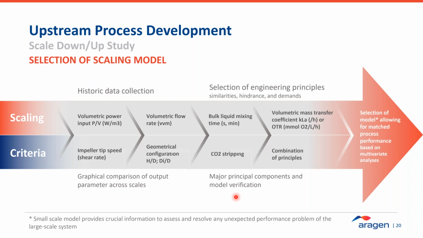We verify these in order to determine how reliable our model is. We finally choose the scaling model which allows for matched process performance. And I want to go through this process step by step in the next slide.